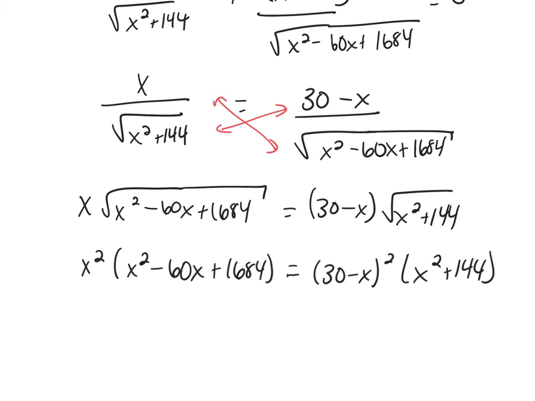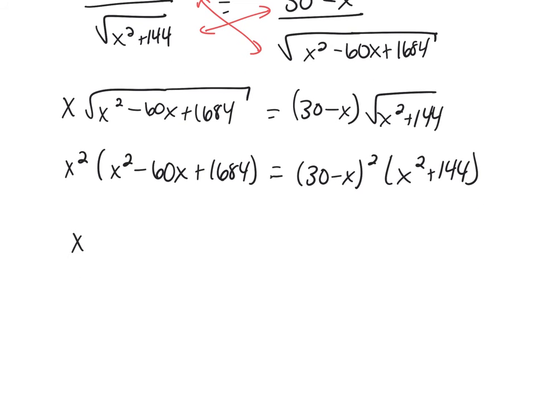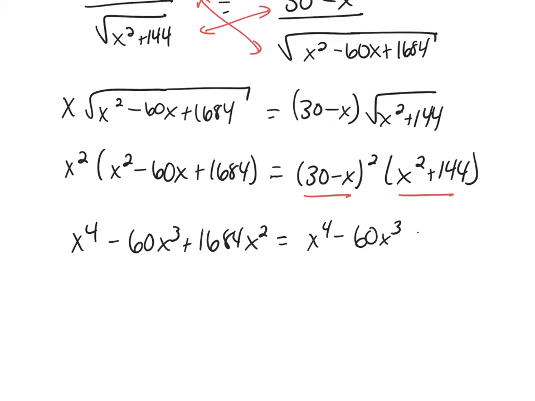So now if you multiply this out, you'll get x to the 4th minus 60x cubed plus 1684x squared. If you FOIL this out and then multiply with what's here, you should get x to the 4th minus 60x cubed plus 1044x squared minus 8640x plus 129,600.